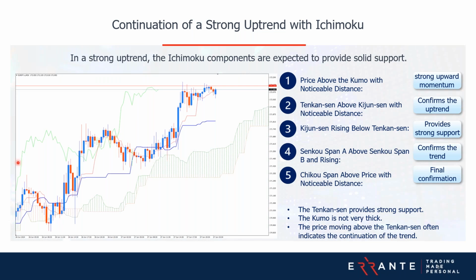Next thing we can consider is Kumo thickness. A thinner Kumo suggests less resistance and easier price movement in the direction of the trend. However, it still acts as a support zone below the price. For example, during these rising periods, we have a very thin Kumo.